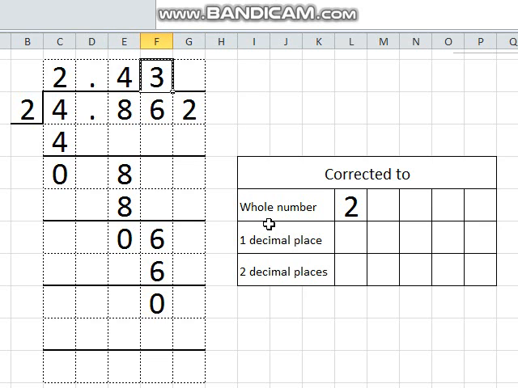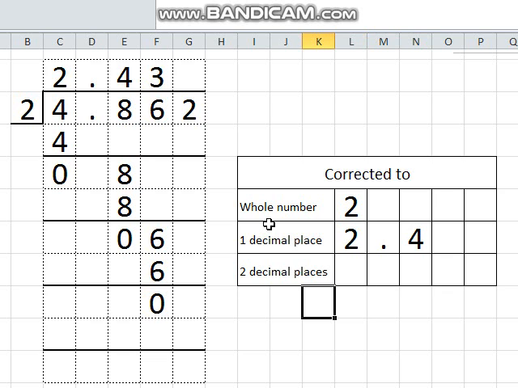Now you just check the last digit of the decimals, the smallest place value here, which is 3. And then this 3 is less than 5, so you just stay the same. Okay, you cannot round it up, so this is the result when you round it: 2.4 to one decimal place.